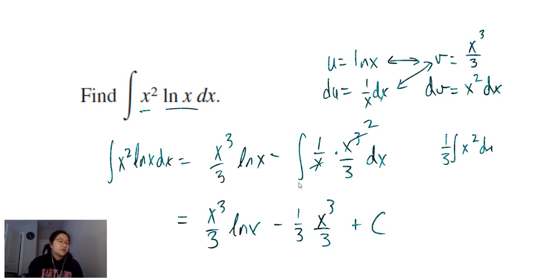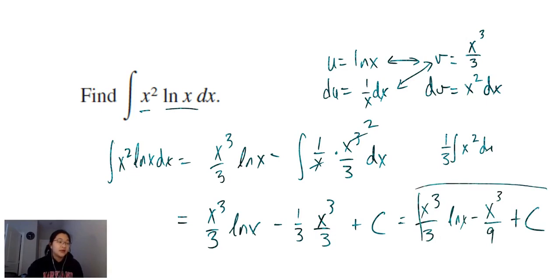And that's just 1/3 times x cubed over 3, it's just x cubed over 9, so all we're left with is x cubed over 3 times the natural log of x, minus x cubed over 9 plus c. Boom.